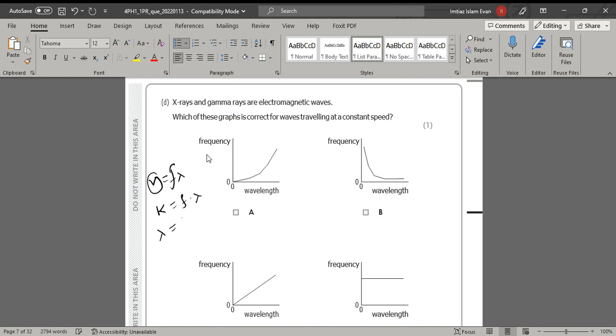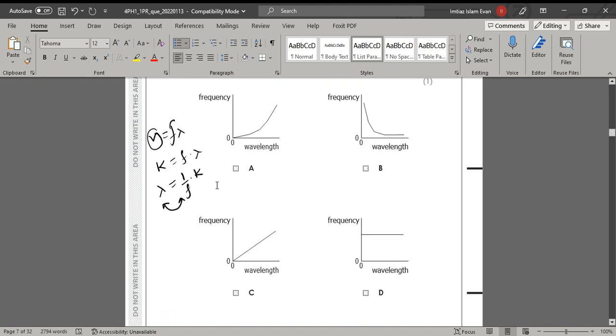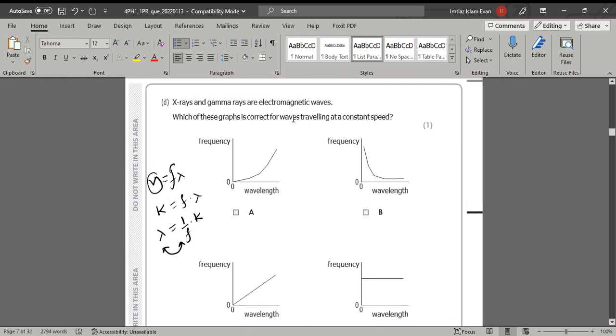That means lambda is equal to 1 over frequency times constant. So wavelength and frequency show an inversely proportional relationship. If the wavelength increases, then the frequency will decrease. Which of these options shows an inversely proportional relationship while the wave is traveling at a constant speed? The answer must be B.